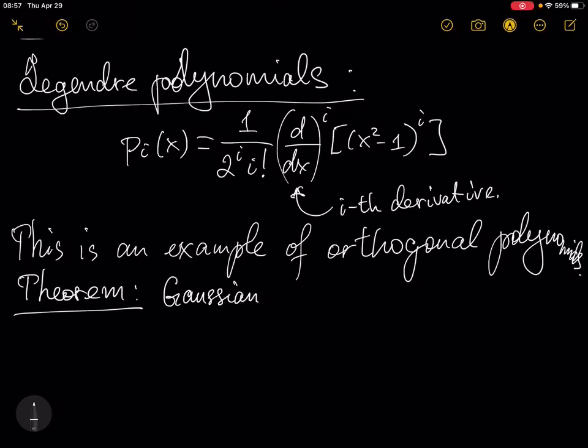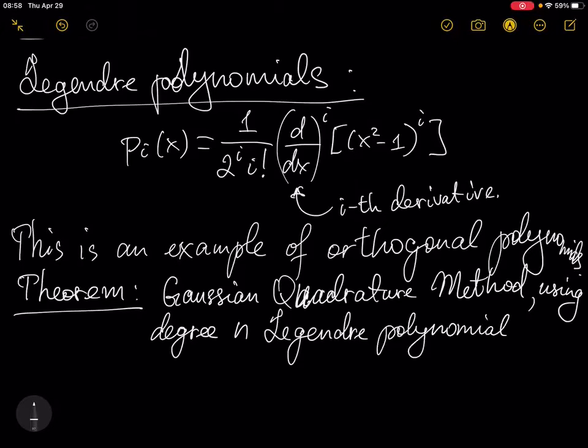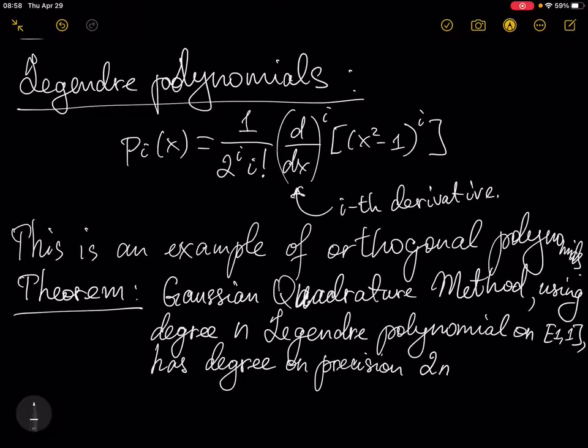The Gaussian quadrature method using the degree n Legendre polynomial on the interval from -1 to 1 has degree of precision 2n minus 1.